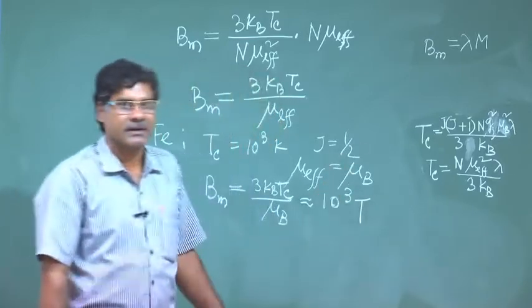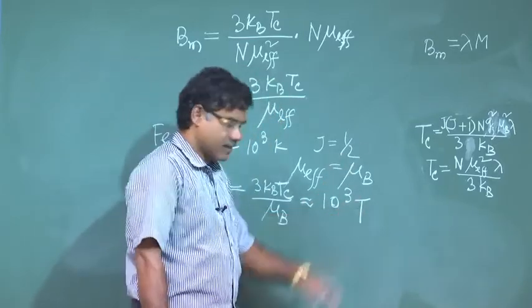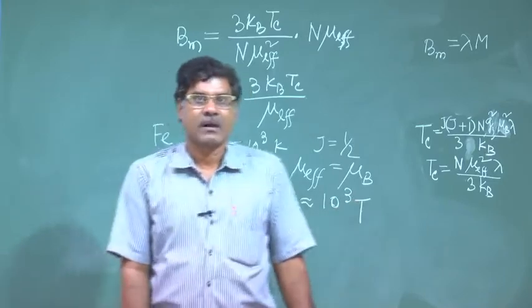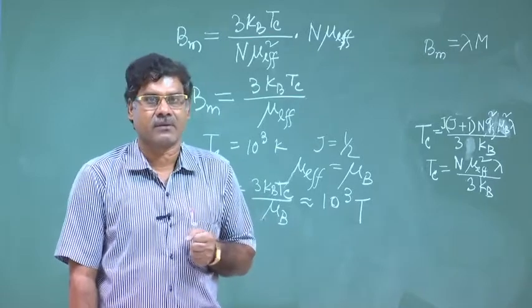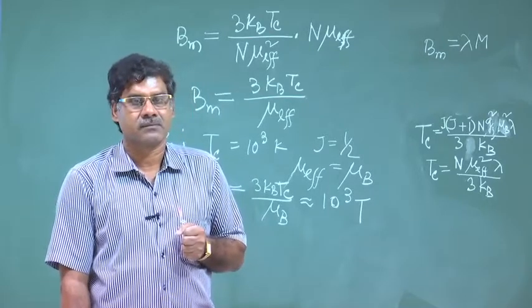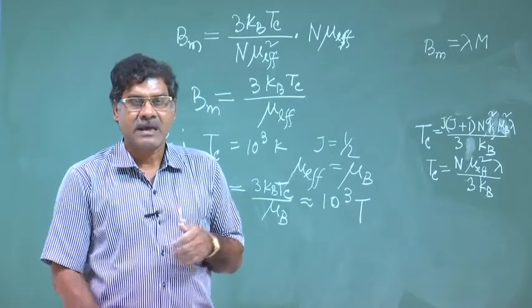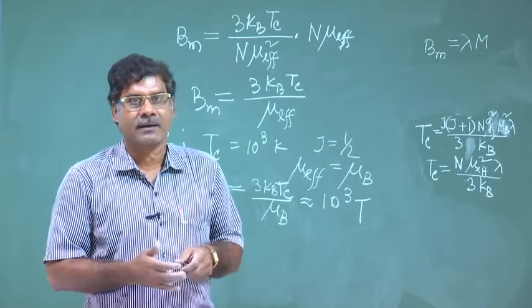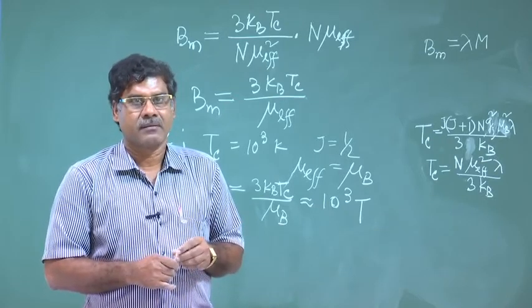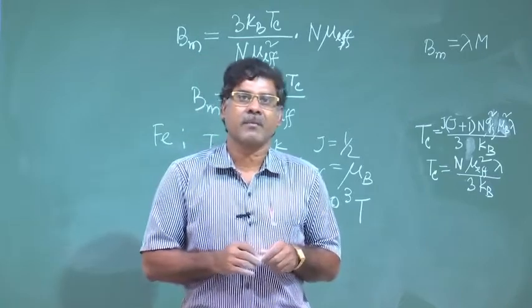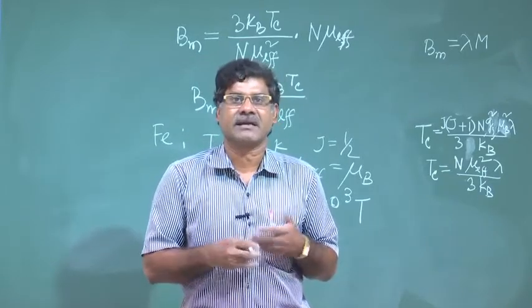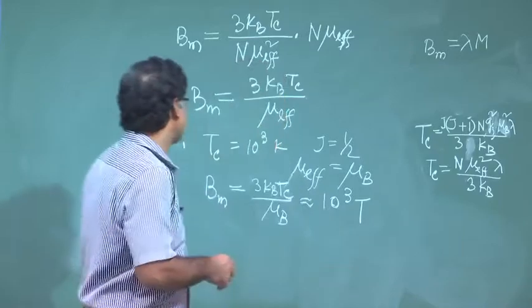So, we are taking it as 10 to the power 3 Tesla. Now, 10 to the power 3 Tesla is a huge, very high value, because in the lab we use an electromagnet, and the maximum magnetic field we get from an electromagnet is only 3 Tesla.